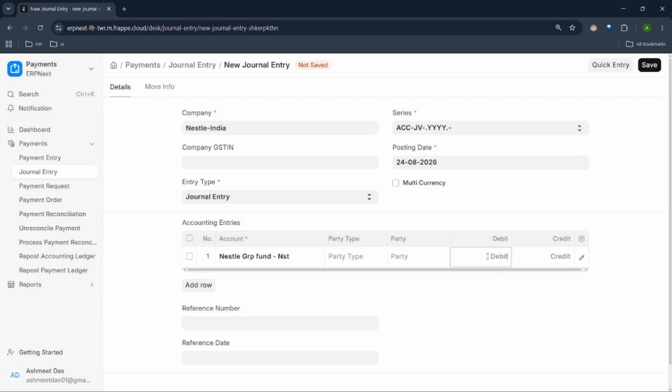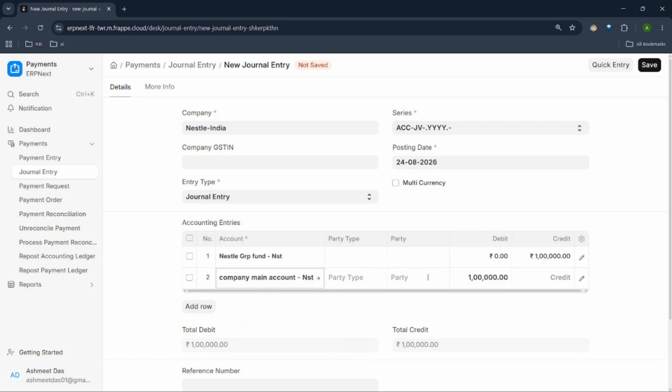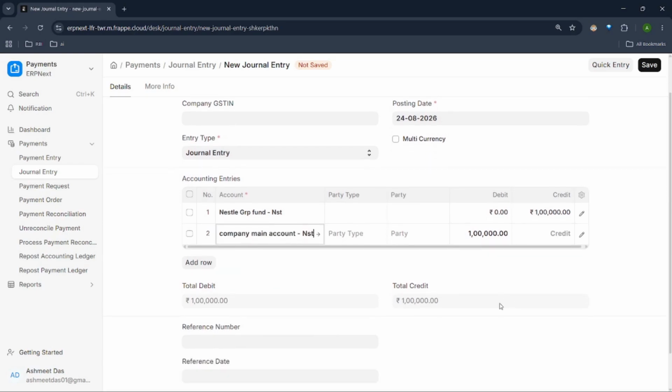The amount of money has been credited by transfer from the fund to the company's own account, and the amount of money is debited.